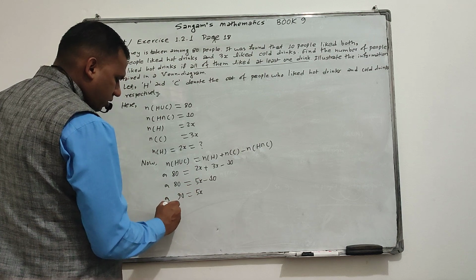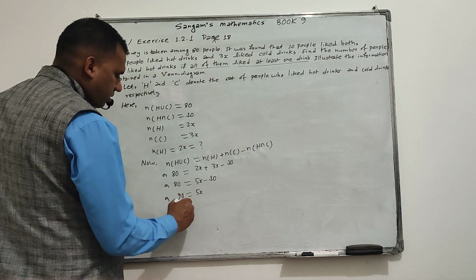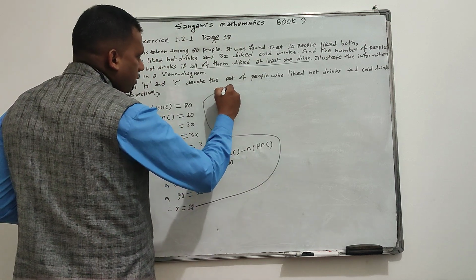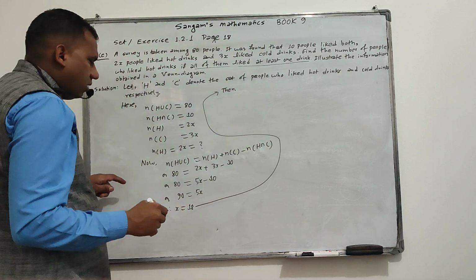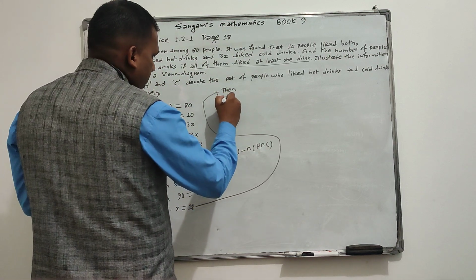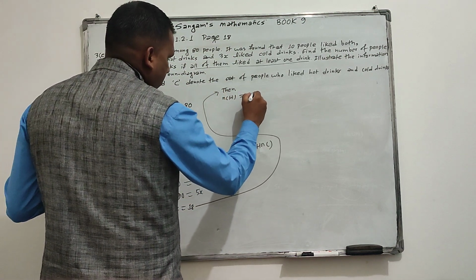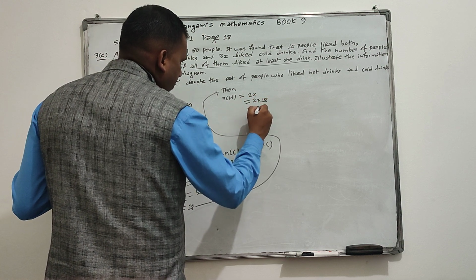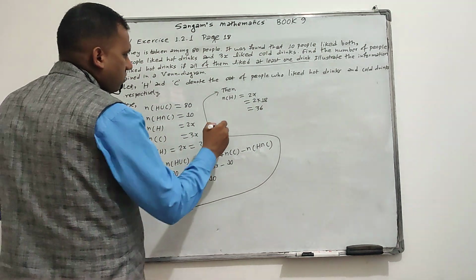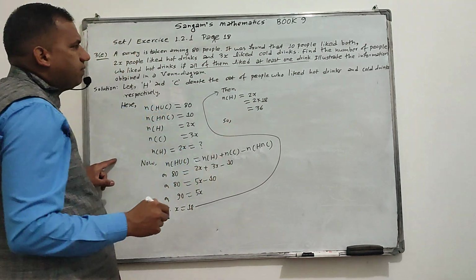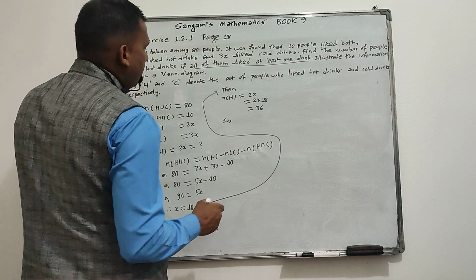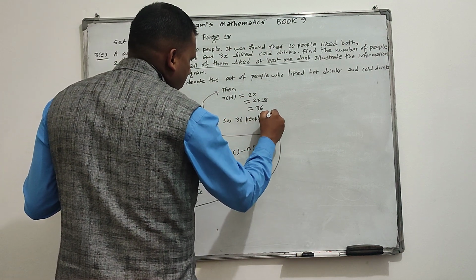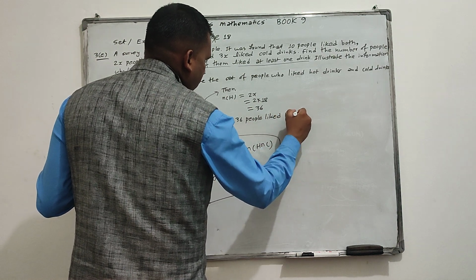Therefore, x equal to 90 divided by 5, that is 18. Then we have to find number of S. Number of S equal to 2x equal to 2 times 18 equal to 36. So I got 36 people like hot drinks.